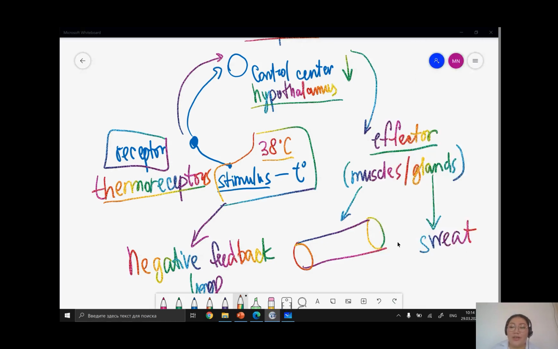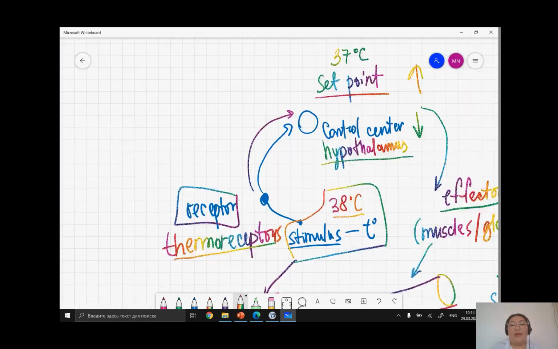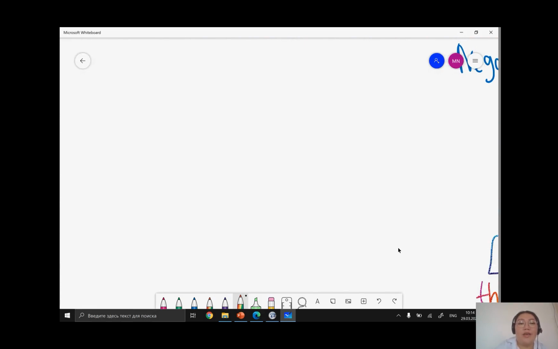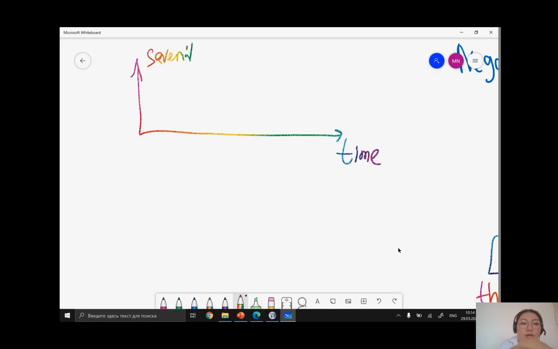Okay, thank you. So if we consider the effect of negative feedback as a graph, this is the time, the x-axis, and the y-axis is just the severity of consequences.